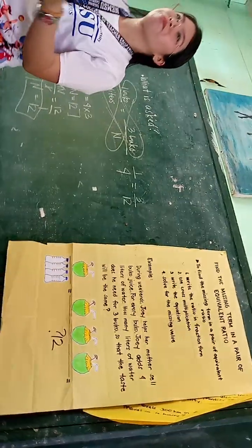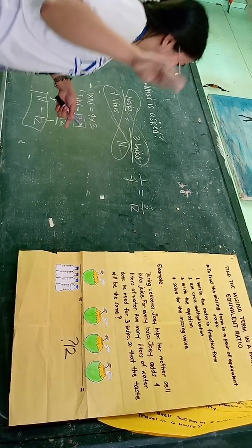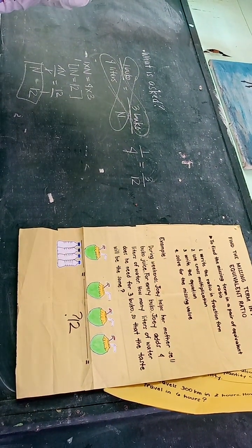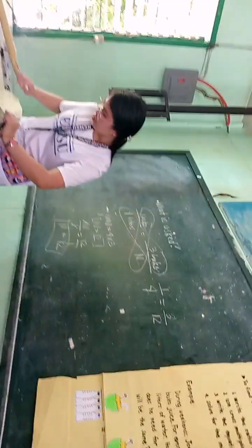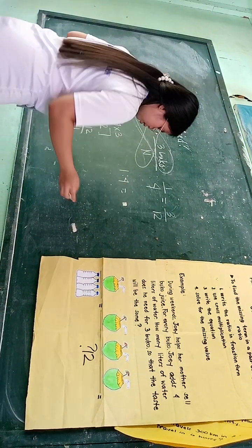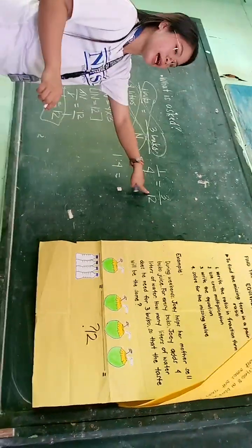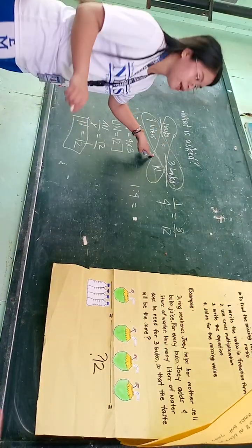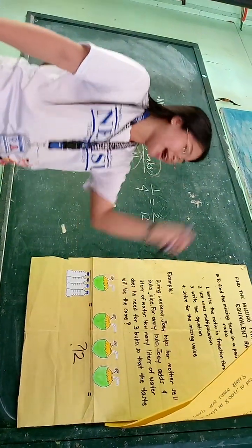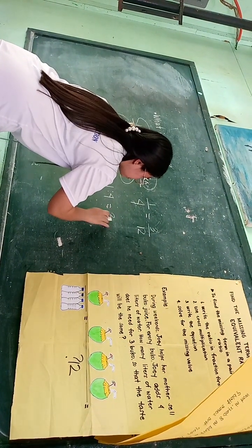Now the lowest term, one is to 4. We have seen how many letters of water are needed for 3 bukos. So we have 3 is to 12.